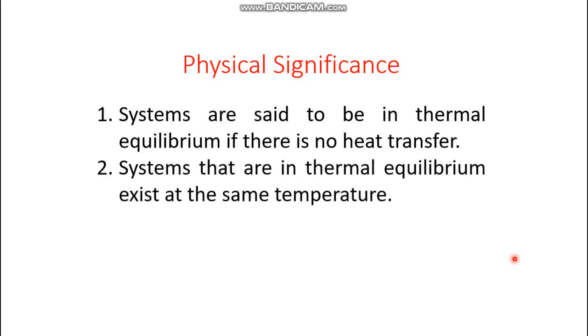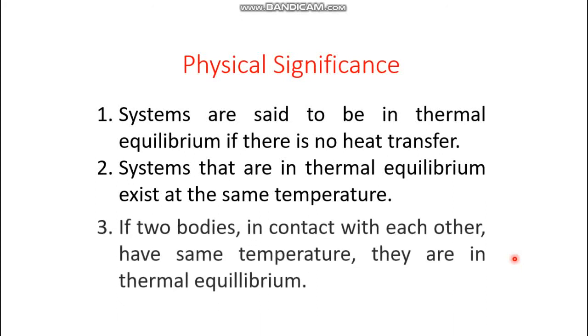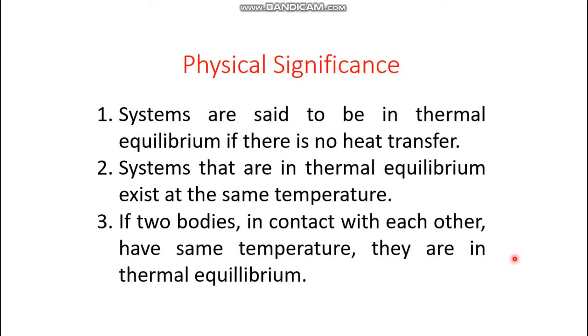Next, systems that are in thermal equilibrium exist at the same temperature. That means if there is no heat transferred between two systems, then we can conclude that their temperatures must be the same. And finally, if two bodies in contact with each other have the same temperature, they are in thermal equilibrium.